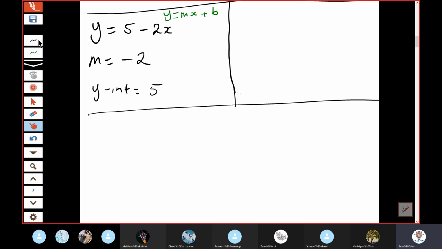Good work. Let's try one more of those. Y equals -2 plus 3x. What does m equal to, and what's the y-intercept equal to? Does m equal 3? The gradient equals 3, m equals 3. Yep. Y-intercept? -2.